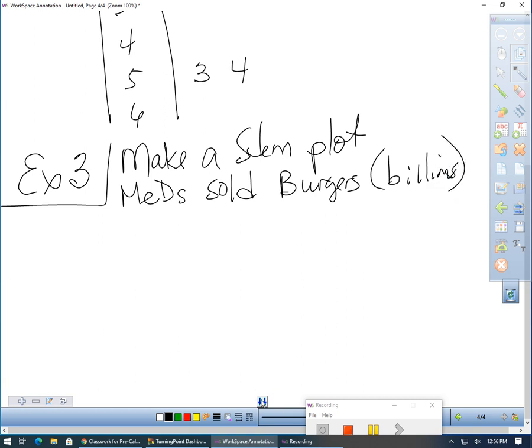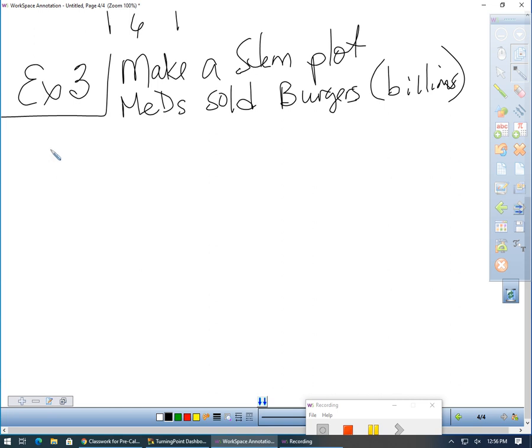In my data here, in 1968 we have 1.4. In 1970, maybe we have 1.8, 1.8 billion burgers. In 1972, we have 2.4.